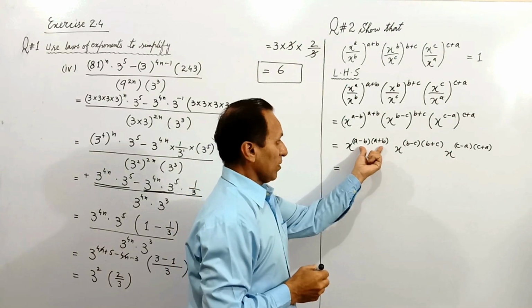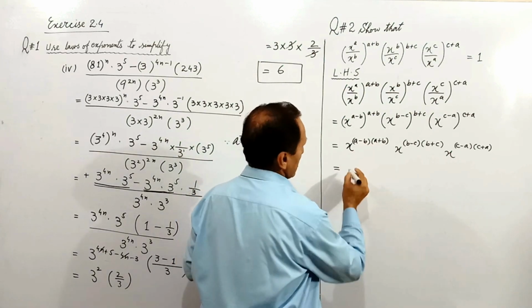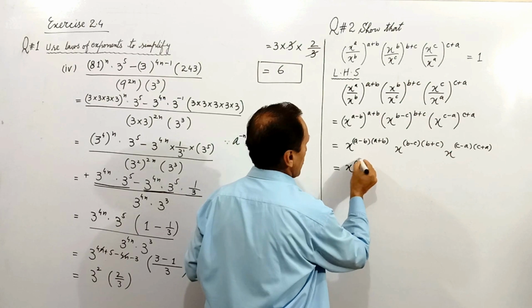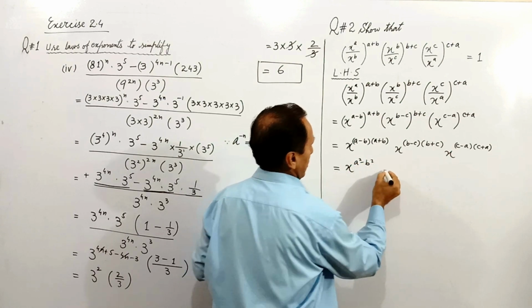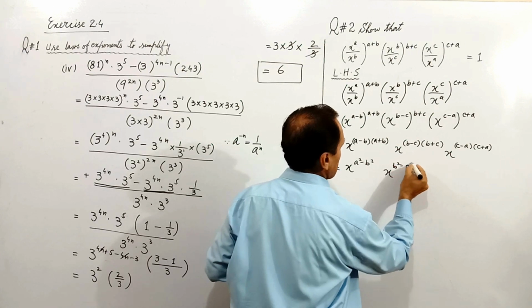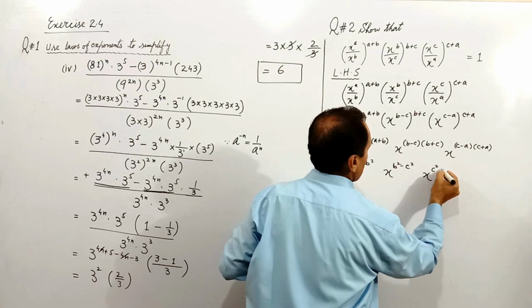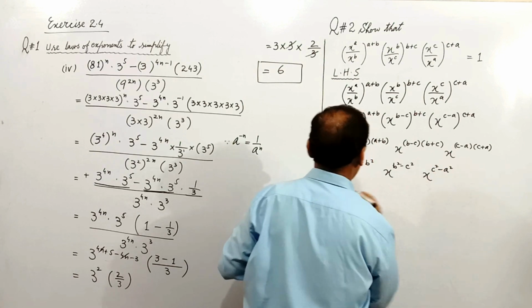We apply the formula, or we multiply these two factors. So we get x raised to power a square minus b square into x raised to power b square minus c square into x raised to power c square minus a square.